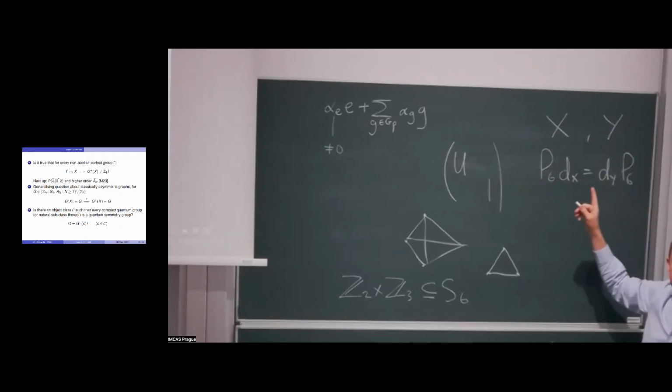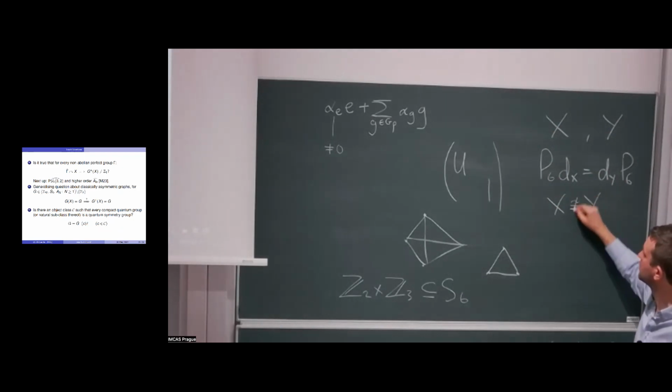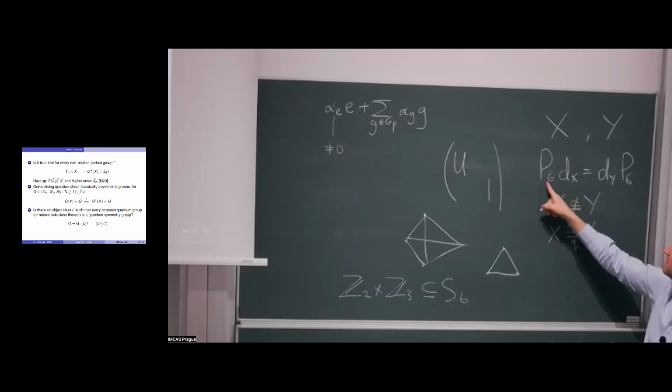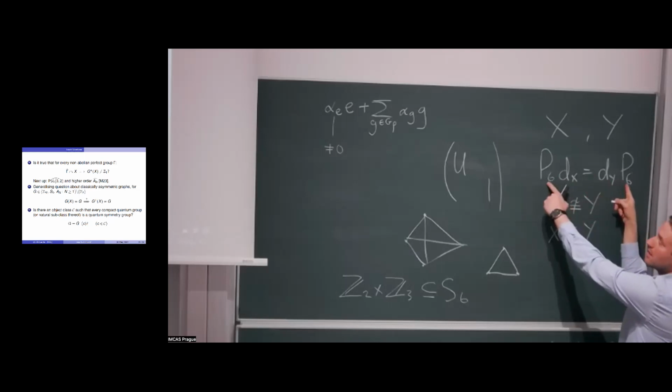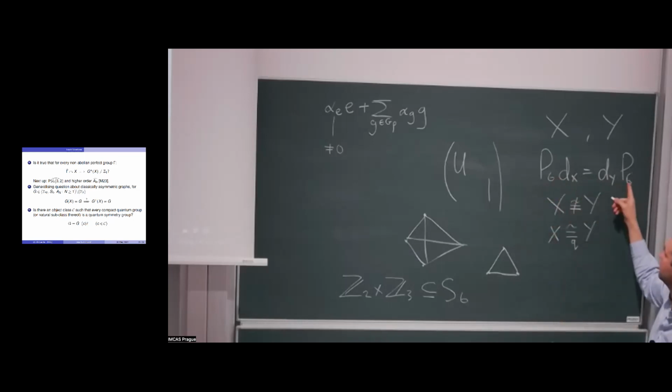There are graphs that are not isomorphic but are quantum isomorphic. So this means that you can replace the classical permutation with a magic unitary, so you get U D_X equal to D_Y U. I don't know exactly what you were asking, but it's a very interesting thing.